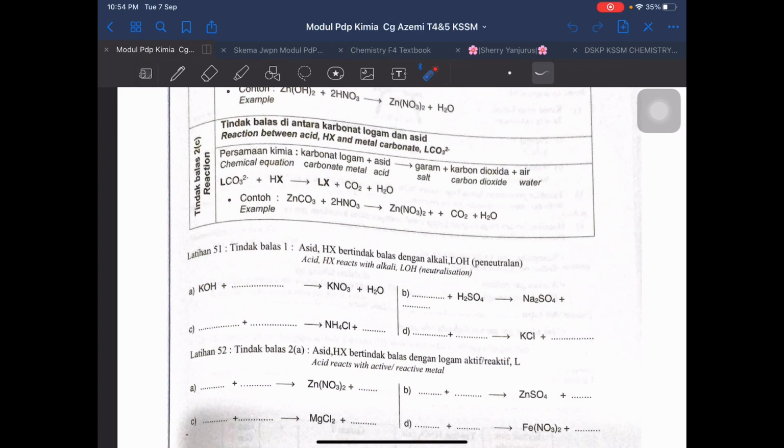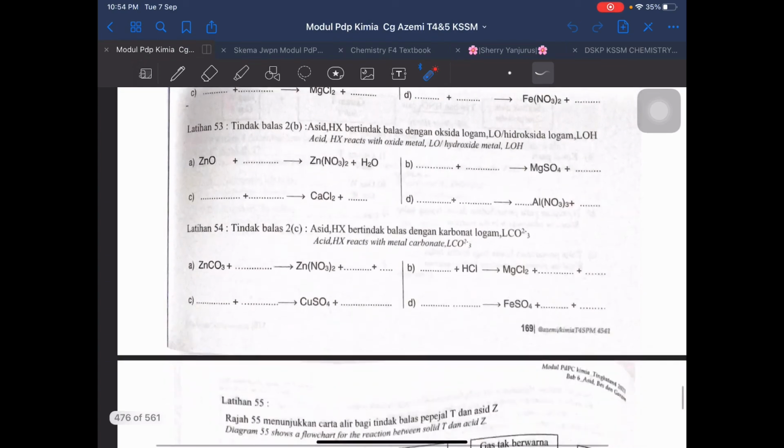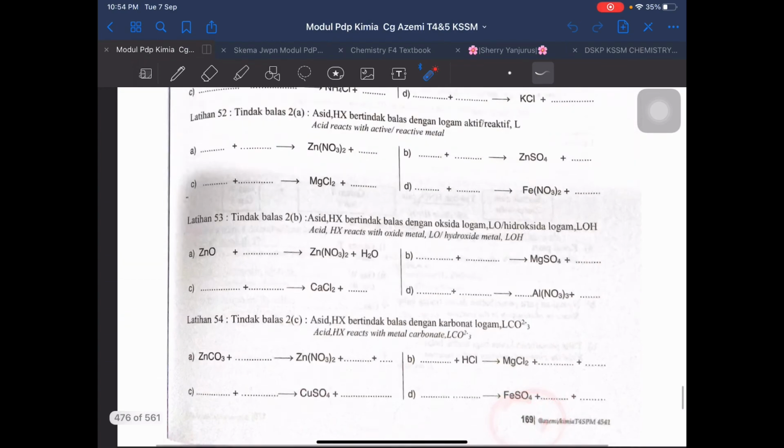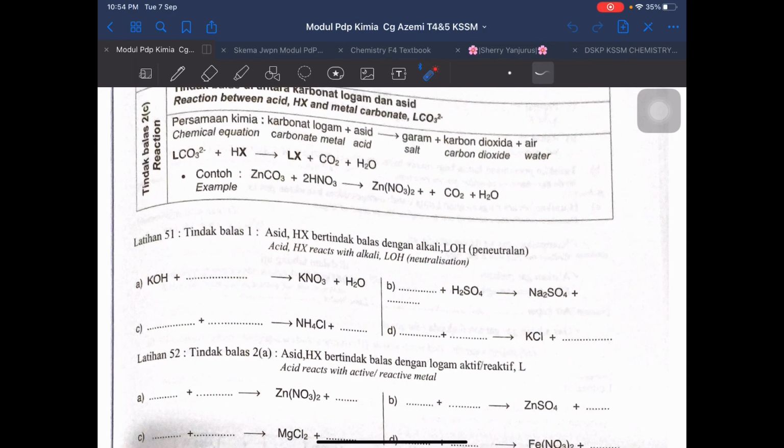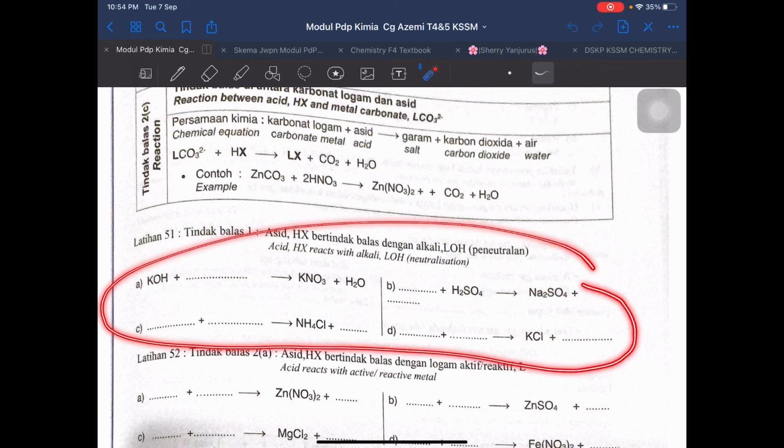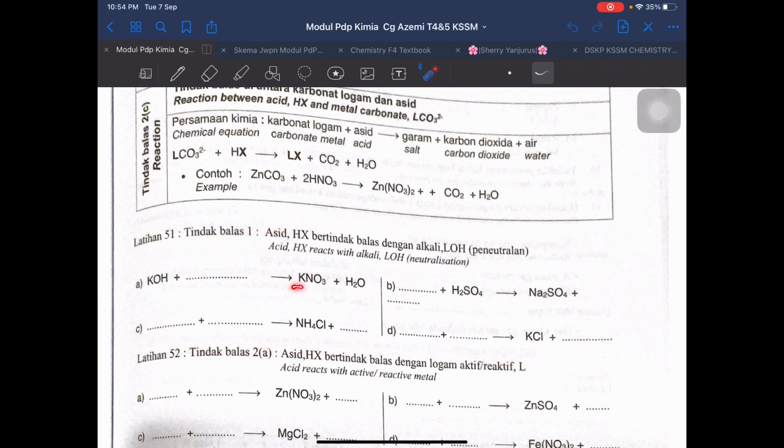And then, I want you to do this one. This is in page 169, Cikgu Azmi's book. Okay, tindak balas 1. Acid reacts with alkali. Neutralisation. So, as you do this exercise kan, you will notice that, oh, dalam soalan ABCD ni, dia punya garam-garam adalah potassium, ammonium, sodium, potassium.